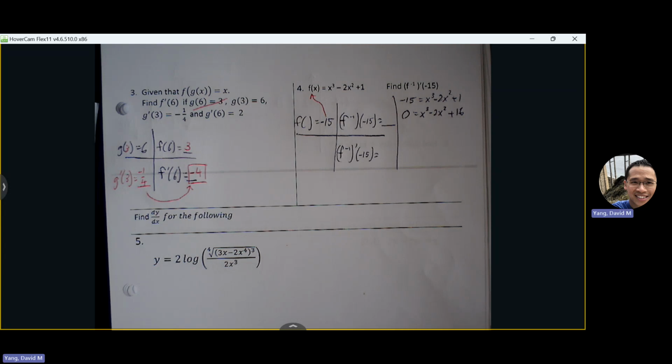Start with 0. If 0 doesn't work, try 1. If 1 doesn't work, try negative 1.